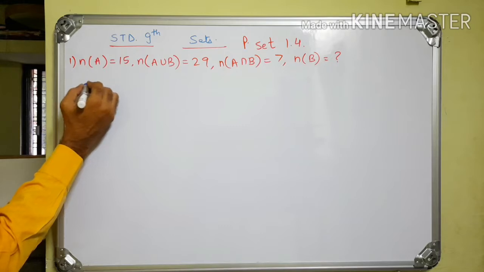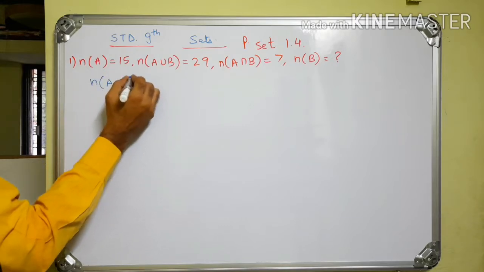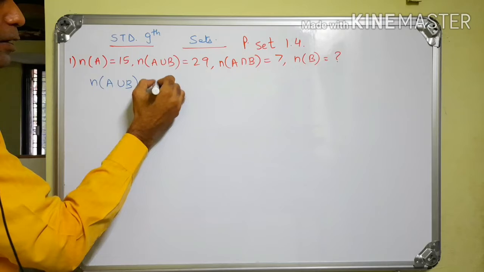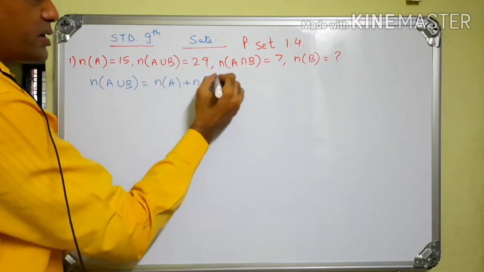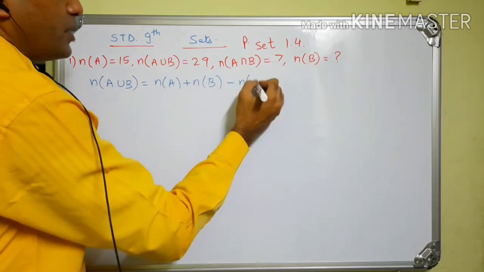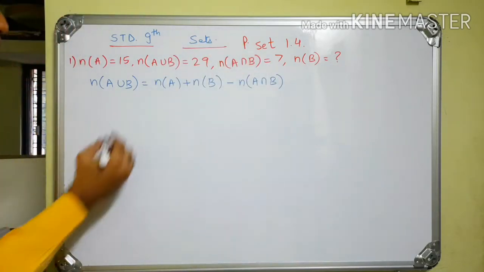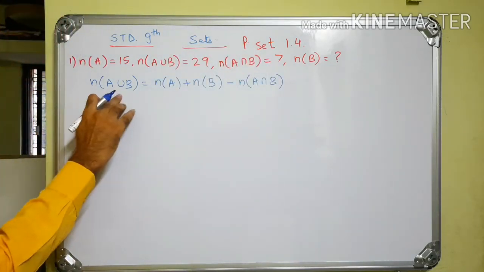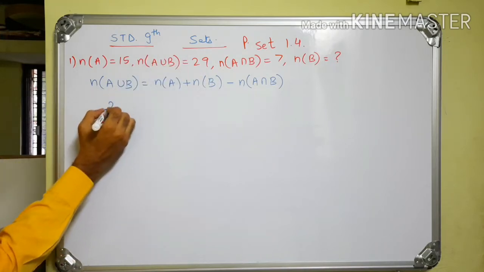Yes, the formula is n(A union B) equals n(A) plus n(B) minus n(A intersection B). Is n(A union B) given? Yes, it is given, that is 29.